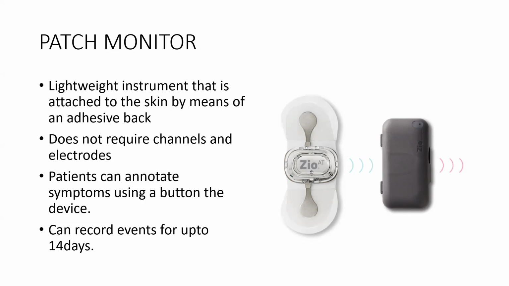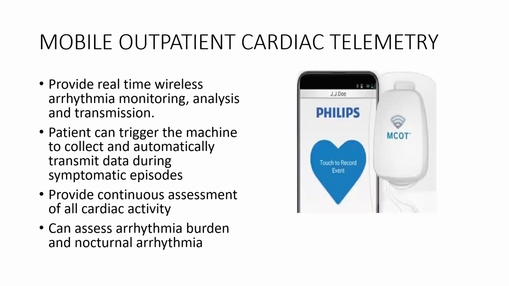The next is the mobile outpatient cardiac telemetry. These are important for continuous monitoring over a long period of time. Data can be transmitted in real time and analyzed on the go by transmitting to a central point for easy analysis.